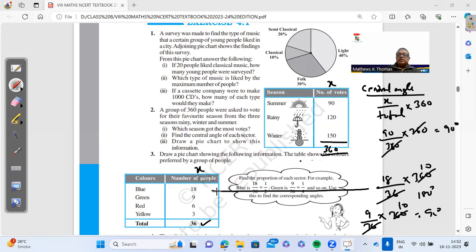So we will be able to find the central angle to draw the pie chart by using this formula, x upon total into 360. X is a variable. Normally you will find it represented by xi, because here xi refers to the variables 90, 120, 150. So independently, we have to calculate all of these. There will be separate answers for each column.